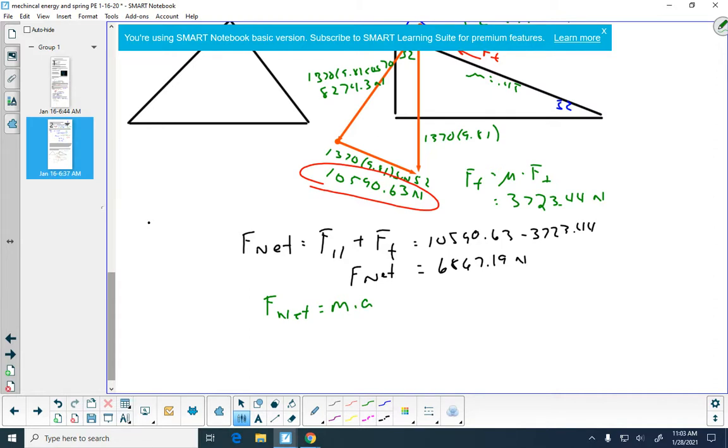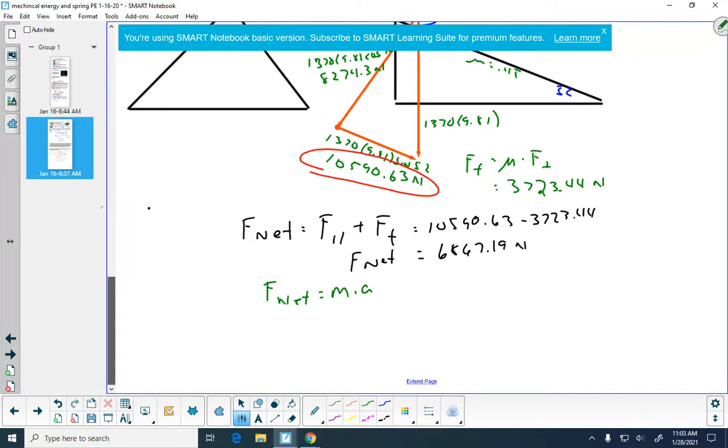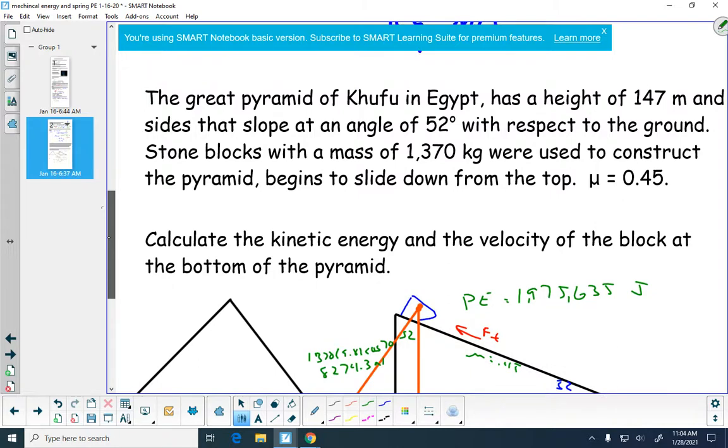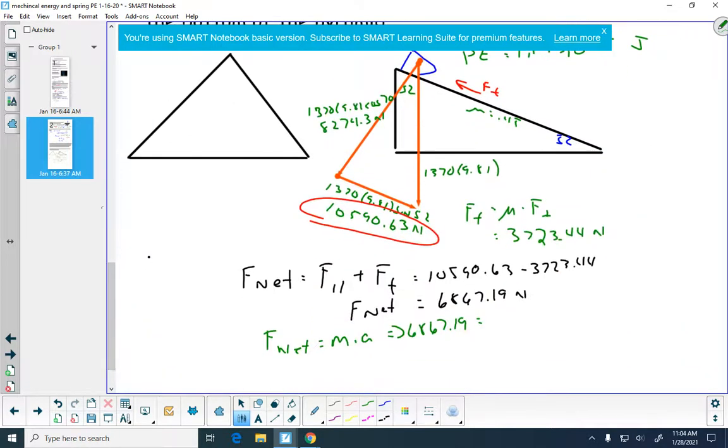What this will enable us to do is find the acceleration, because we have a net force of 6867.19 equal to our mass, which is 1370 kilograms, times our acceleration. So dividing both sides, we can find our acceleration.